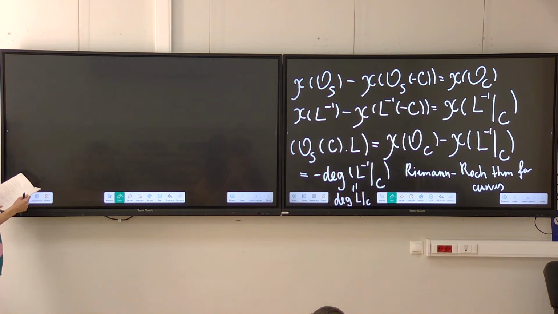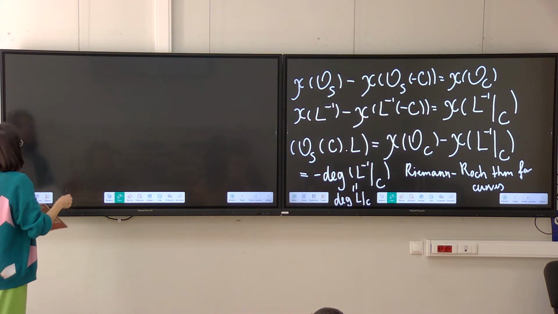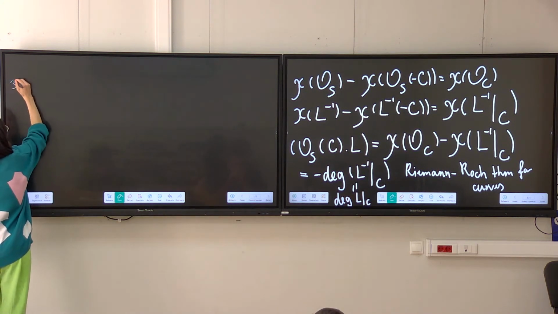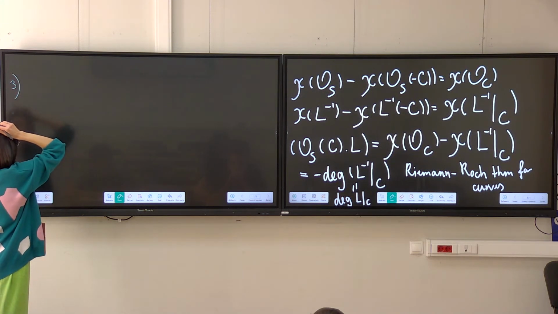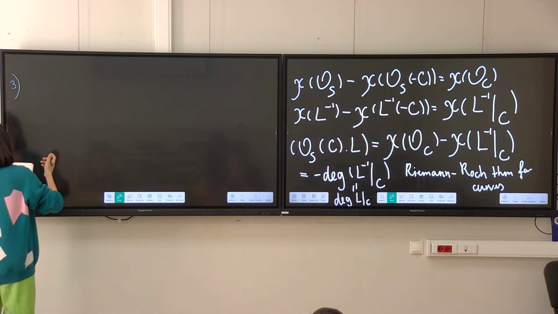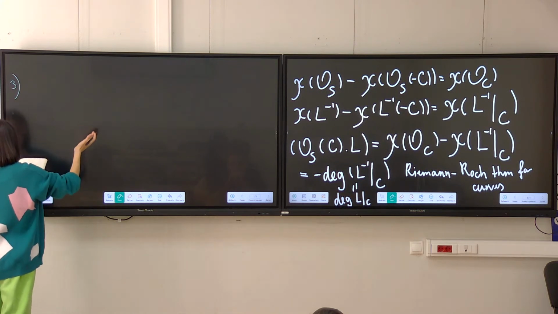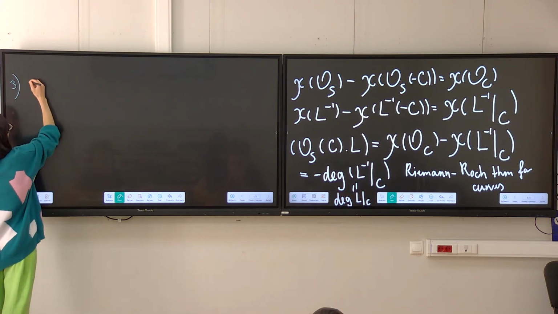This was the first property, this was the second property, and now let me state the third one. This is the Riemann-Roch theorem for line bundles on surfaces.